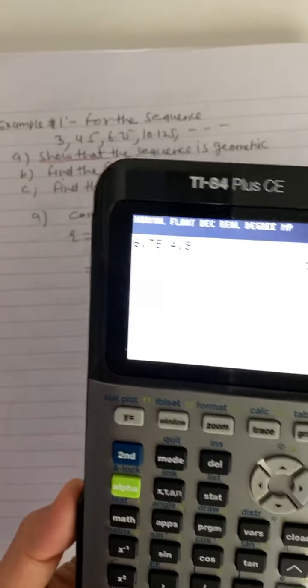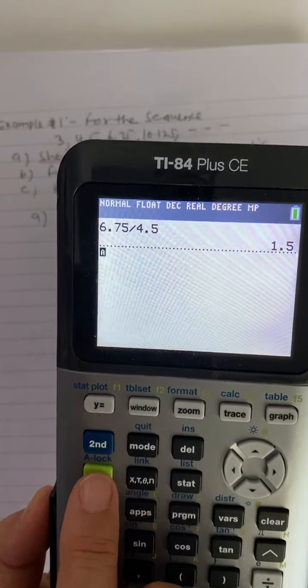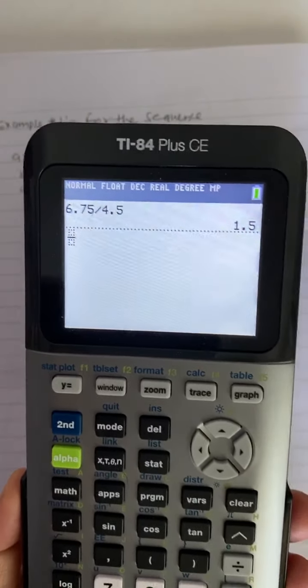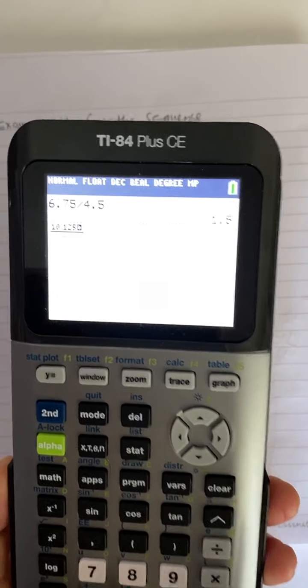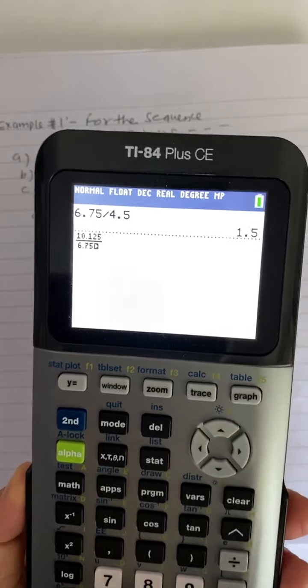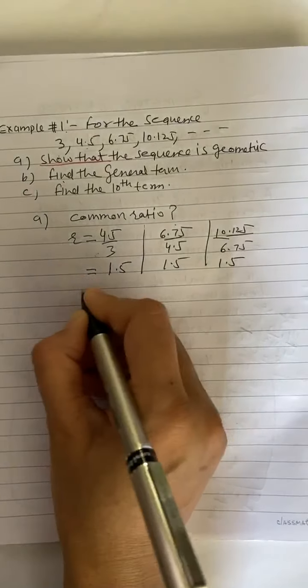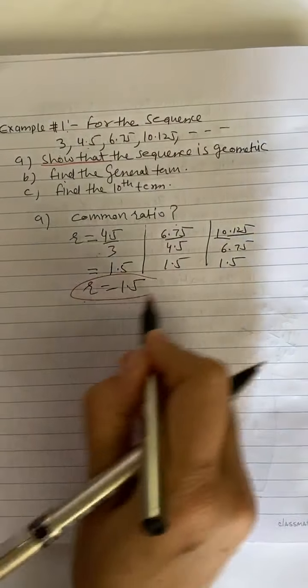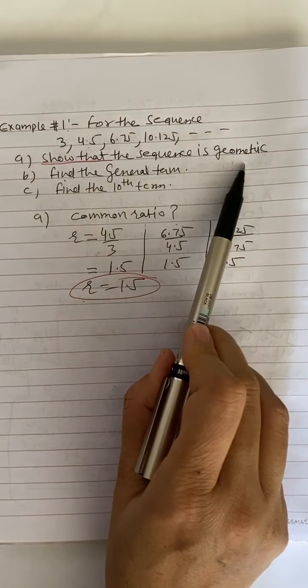Whenever I do the division, I prefer to use the fraction template, and it should give me 1.5. So that is also 1.5, which means we have a common ratio of 1.5. So our common ratio is 1.5 here, and that's how we show that the sequence is geometric.